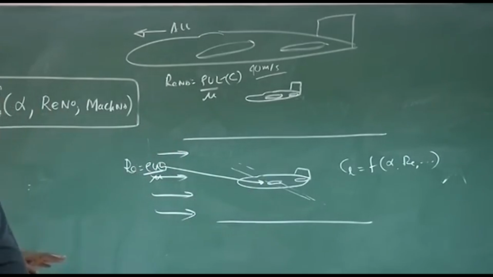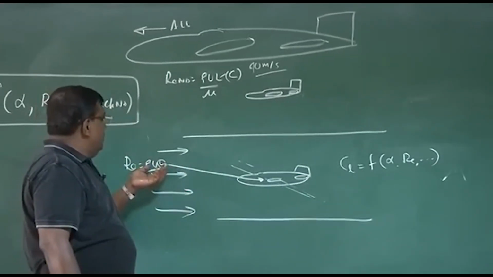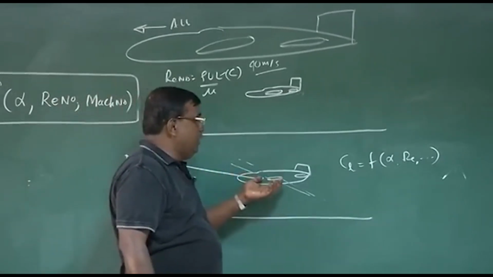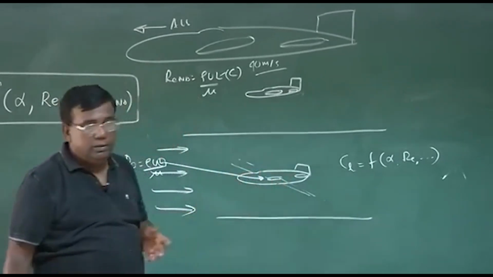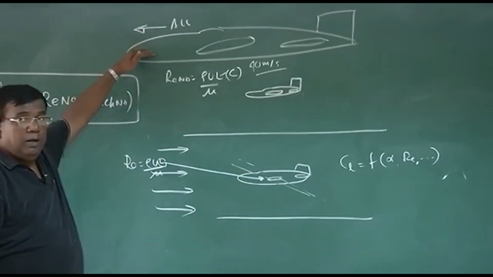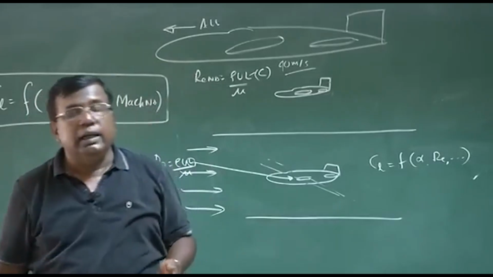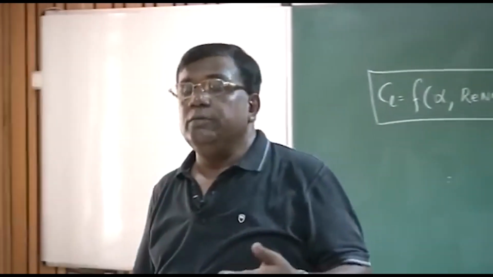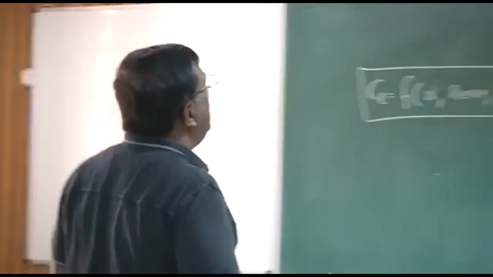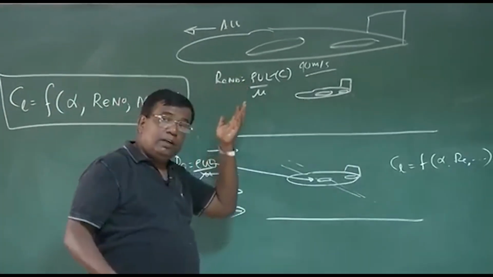If I can ensure that this flow has such a speed and density combination that the Reynolds number experienced by this body is exactly the same as what the actual airplane was seeing, then if I model CL, I can generate CL as a function of different Reynolds number. And depending upon what altitude the airplane is flying, I can use that CL value for actual computation.